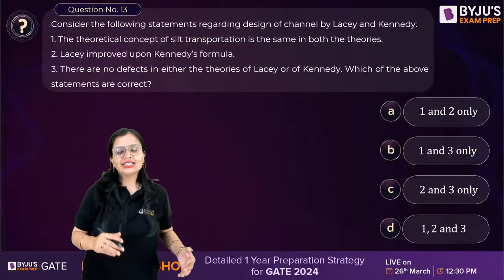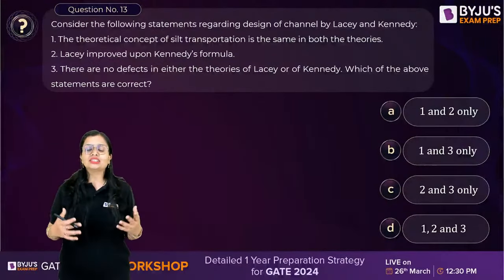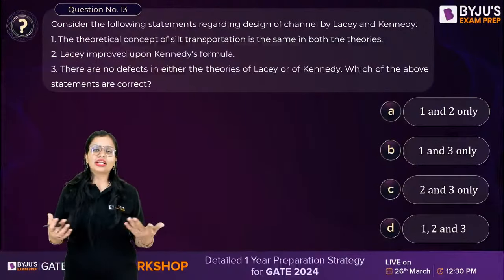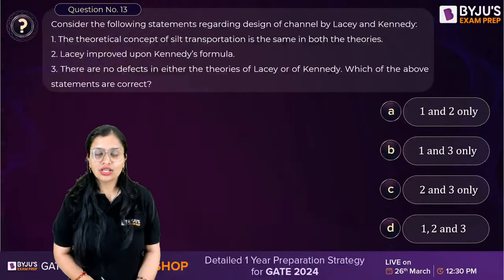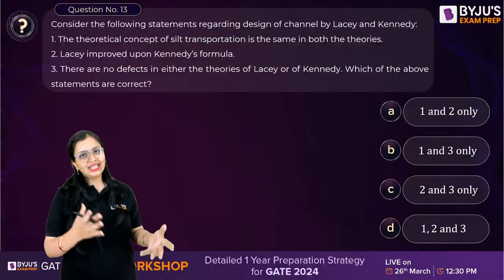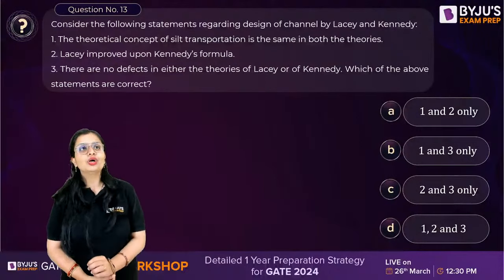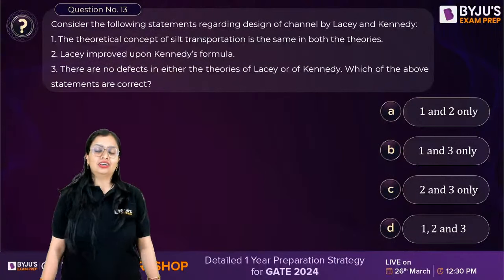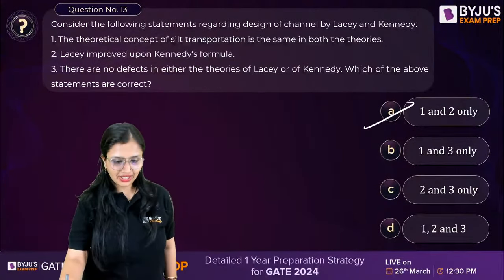Yes, Lacey is an improved version of Kennedy's, because the canals designed by Kennedy's theory failed. So Lacey's theory was an upgradation over Kennedy's theory. There are no defects in either of the theories: false. Kennedy's theory was improved by Lacey's. Lacey's theory also has further defects. If any of you go for a PhD, you might fix the defects of Lacey's as well. So 1 and 2, so A will be correct.